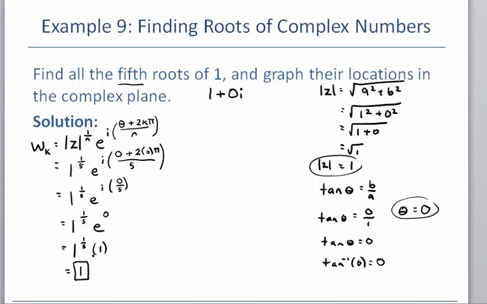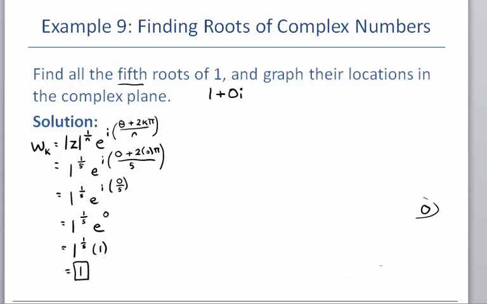All right, let's go ahead and find the second one. For our second one, we're going to use our magnitude, which is 1 to the 1/5 power again. We're going to have e to the i.